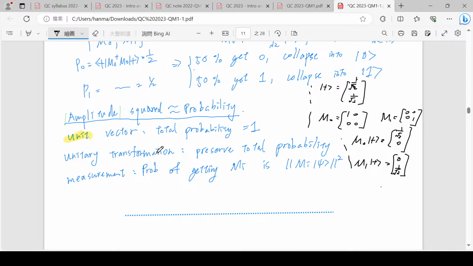We say that our system must be doing unitary transforms because they preserve the total probability. We can say total probability because we will be thinking about measurement.